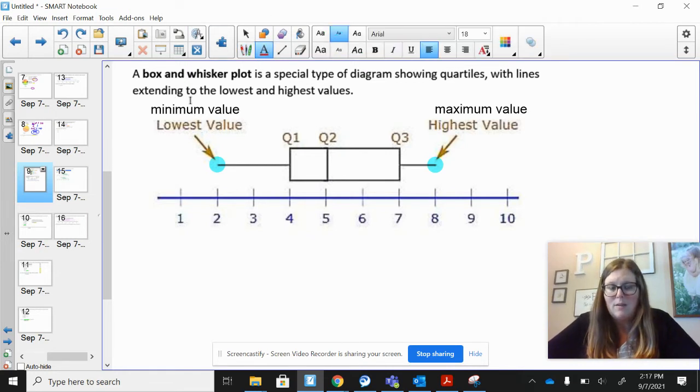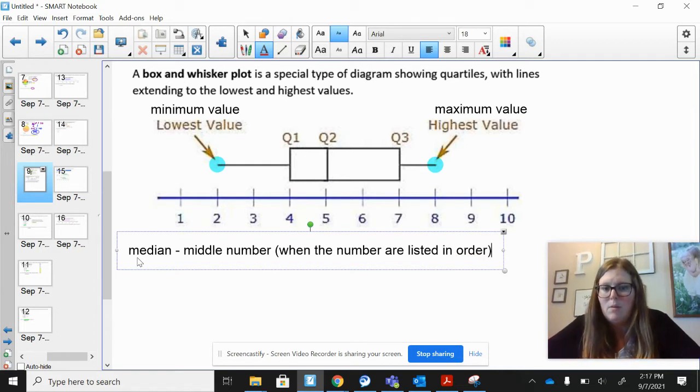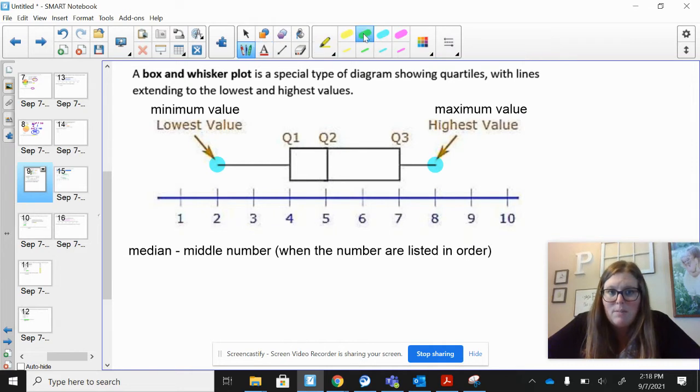One of the biggest important things about a box and whisker plot is actually something we're going to cover in more detail on Thursday, but it's a median. And the median in a set of data is the middle number when the numbers are listed in order. I'm just going to highlight this so we can make the connection.